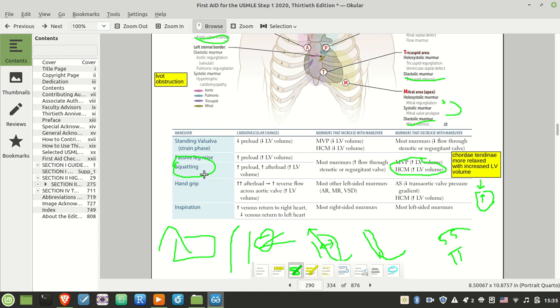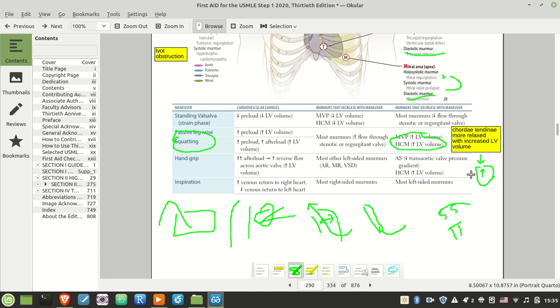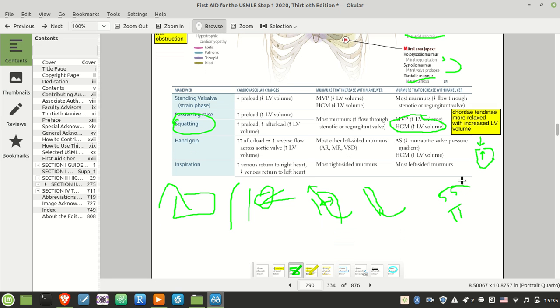And then right here, the hand grip, how it increases things like ventricular septal defects. Well, this goes hand in hand with what we've been talking about with aortic stenosis, with increasing the afterload.